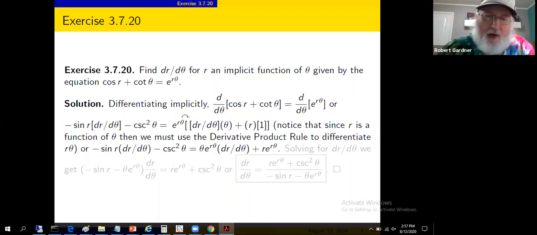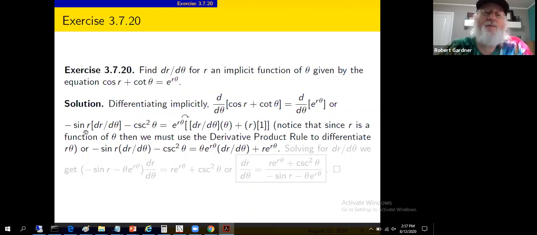Don't forget the dr d thetas. If you leave them off every time, you're going to know you messed up, because the question is, what is dr d theta? You leave the dr d thetas off, you've produced an equation that, for one thing, isn't correct, and for another, doesn't include any useful information.